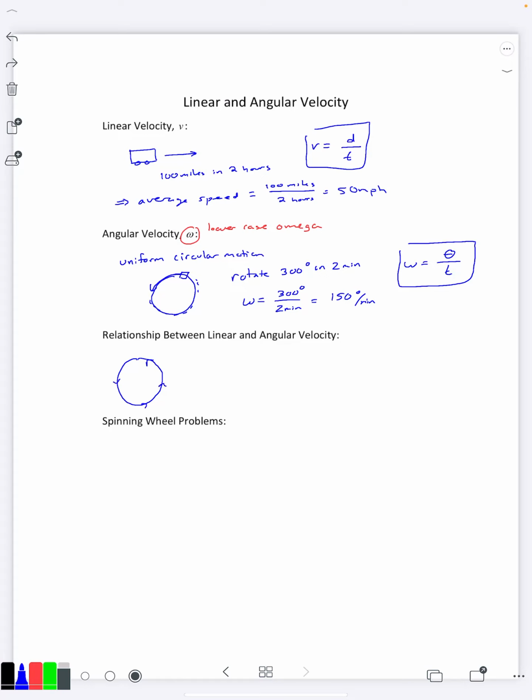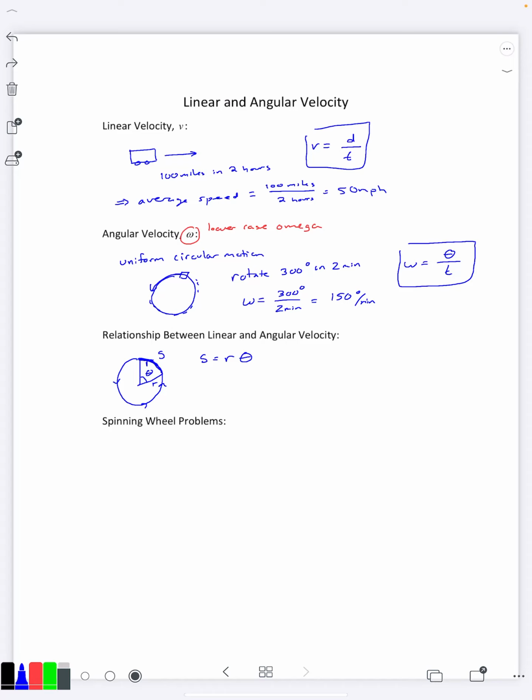and we want to figure out what's the relationship between linear velocity and angular velocity, well, let's compare that if we move just part of this distance, maybe it's the whole distance, maybe not, then we have an arc length, we have theta, we have r, and we know from relationships, as long as we are using radians here, s equals r times theta.